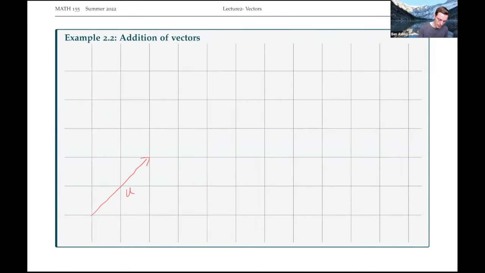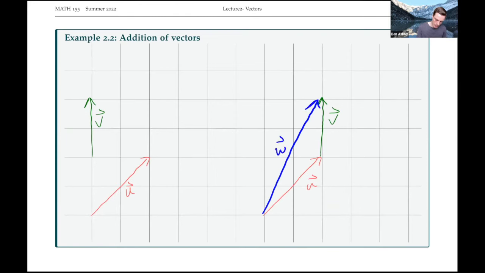so suppose this is our u, and let's do another vector, v, and we want to know what's u plus v, well, we can do that by doing u followed by v, so this is our u, and this is our v. Then u plus v will look like this, our w.